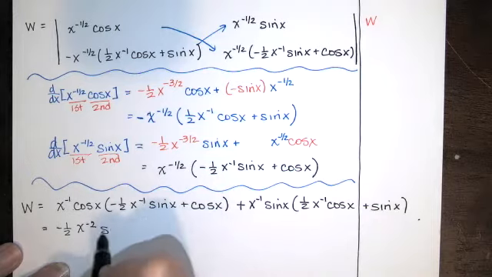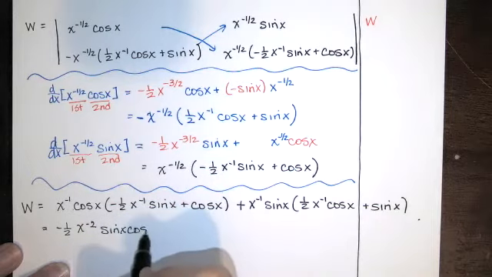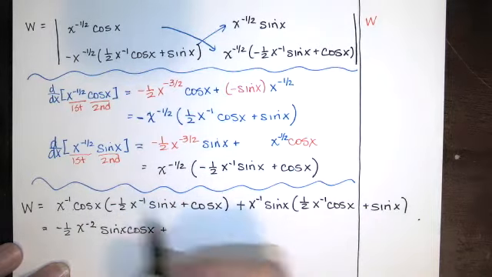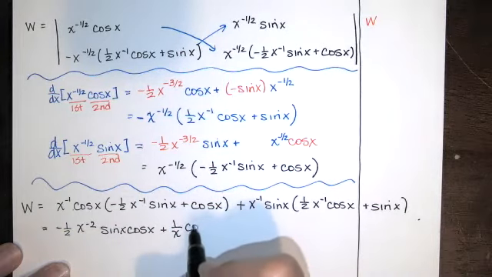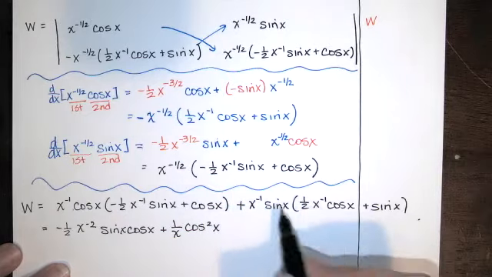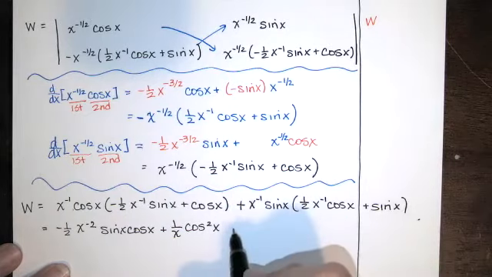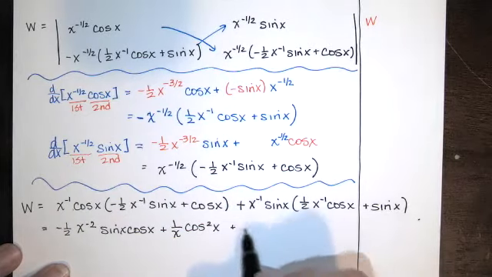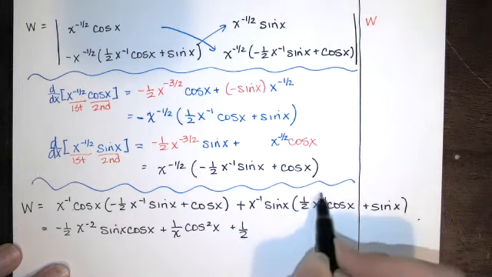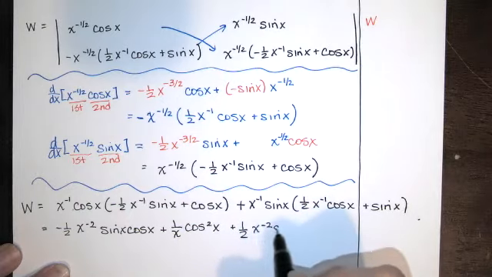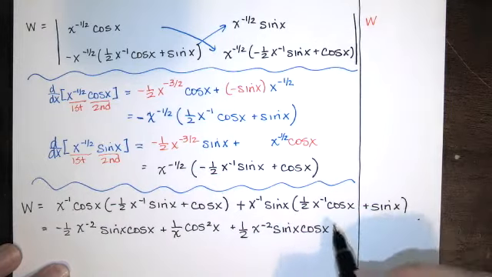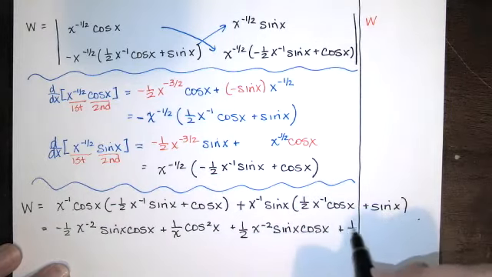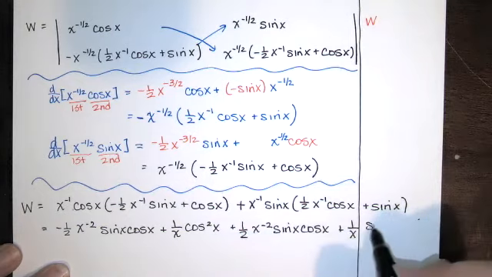I've got a sine of x times a cosine of x. Then I've got an x to the negative 1, or I'll call it 1 over x. And cosine times cosine is cosine squared. Here, I have a positive 1/2. X to the negative 1, x to the negative 1 is x to the negative 2 times sine of x times cosine of x. And then this times this is going to give me this, which I'll call 1 over x, and sine times sine is sine squared.